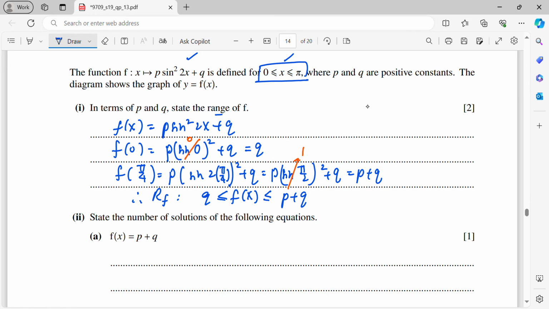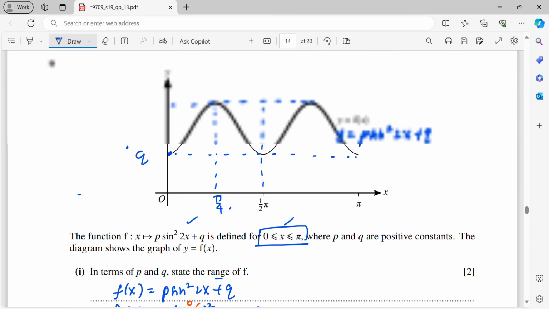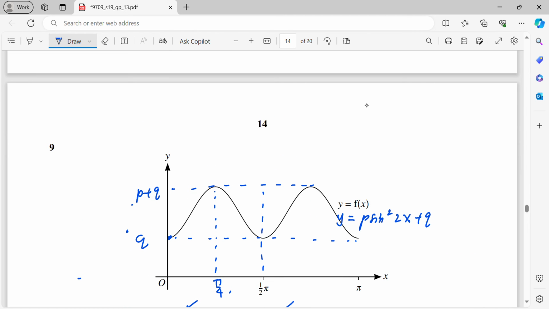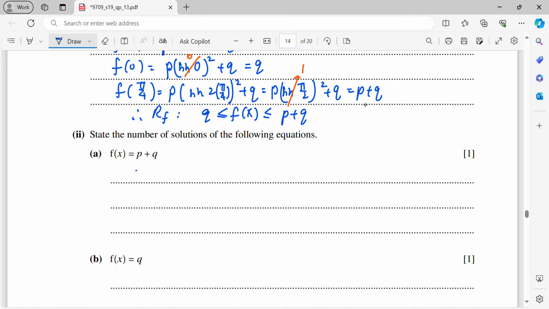Now part 2, find the number of solutions for the following equations. f(x) = p + q. So remember, this is p plus q. So when f(x) equals p plus q, that means how many intersection points between the graph and the horizontal line. So there will be just 2. So here I will write 2 solutions.